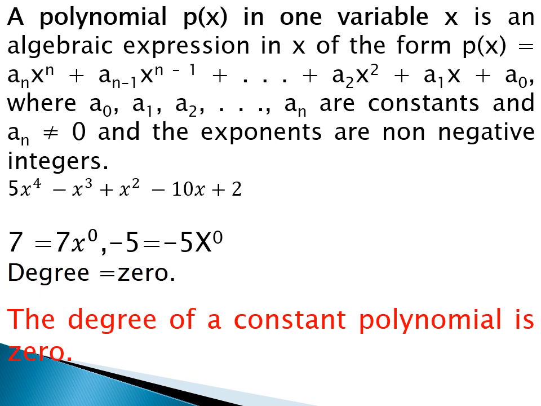It is 0. So when we talk about the highest power of a variable, that is called the degree. You learned that 1, 2, 3 are possible, and 0 is also possible. If the degree of a polynomial is 0, then we can understand that it is a constant polynomial, just a number only.